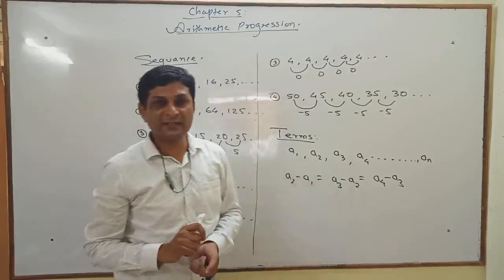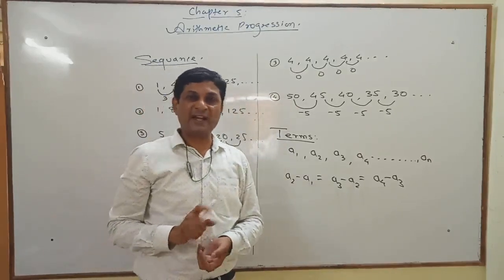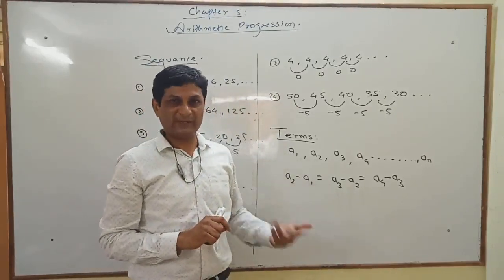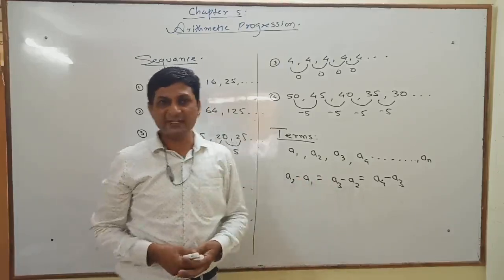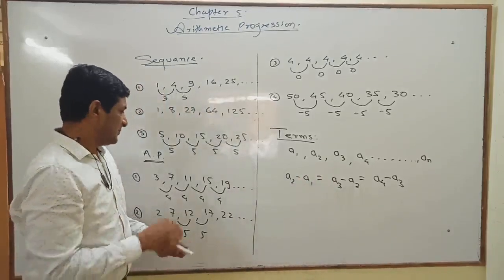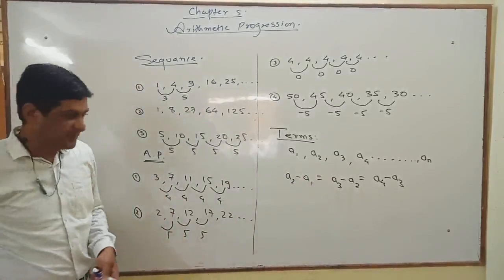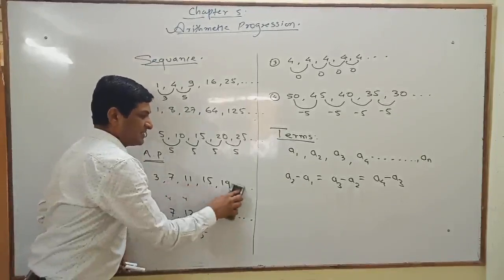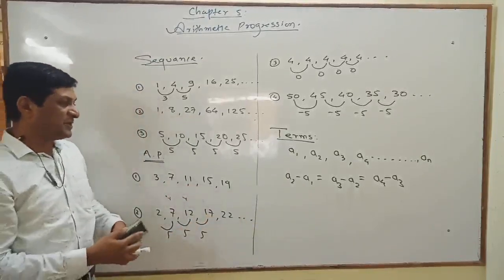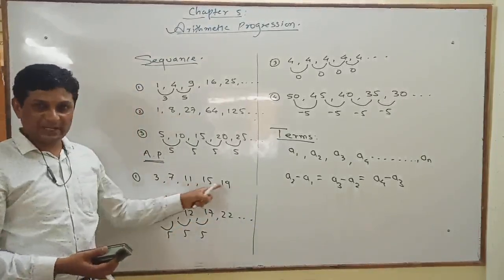Now, we will see when an arithmetic progression is called finite or infinite. Finite, the name itself indicates that. So let us consider this example. If the number of terms in the sequence is countable, let us say here 5 terms are there in this arithmetic progression.